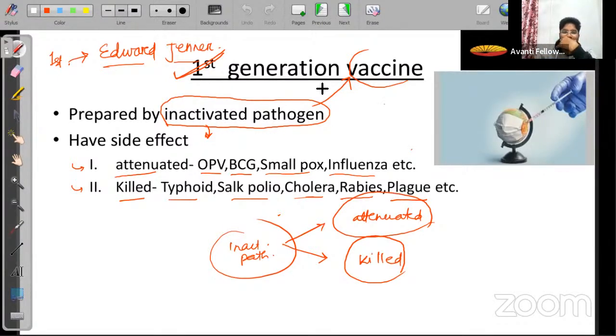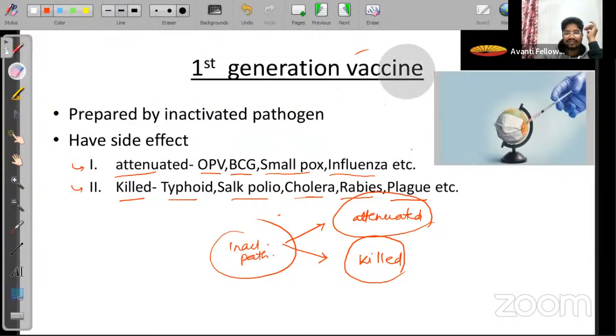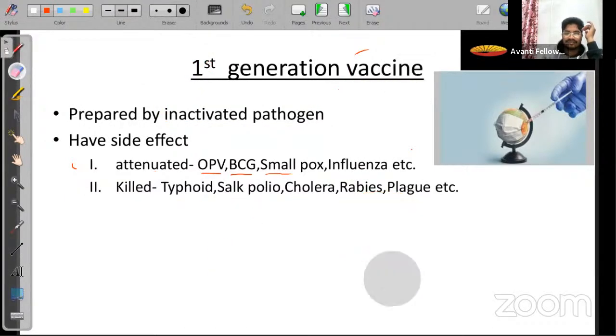Okay, this is your first generation of vaccine. Covishield and Covaxin are your second generation of vaccine. Well, now let us talk about the first generation vaccine once again. You can see here.